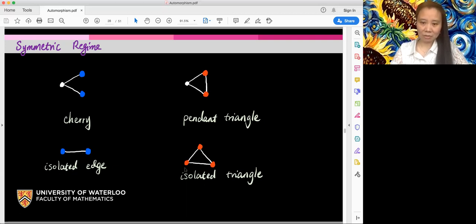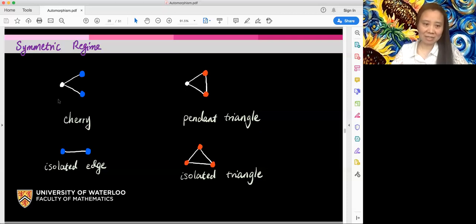You can also define an isolated triangle, in which case all three vertices must have degree 2. In G(n,p) and also in the bounded degree situation, the graph symmetry was caused by the cherries or the pendant triangles. But if you have an isolated edge or isolated triangle, they also say this graph must be symmetric.